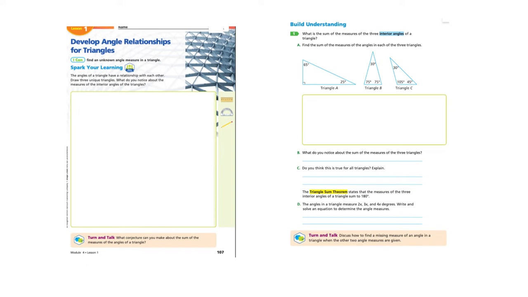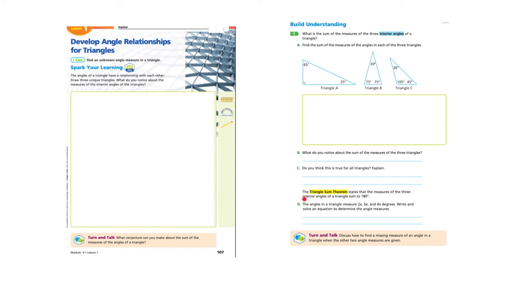Then B says, what did you notice about the sum of the measures of the angles in each triangle? Might be something interesting. C says, do you think this is true for all triangles? Explain. So again, that's kind of like the conjecture that you made in the turn and talk if you did that.